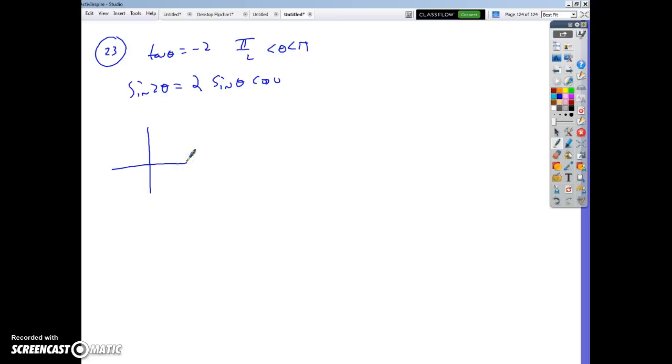Which quadrant am I in? Between pi over 2 and pi, so the second quadrant. I know that my tangent is negative 2.